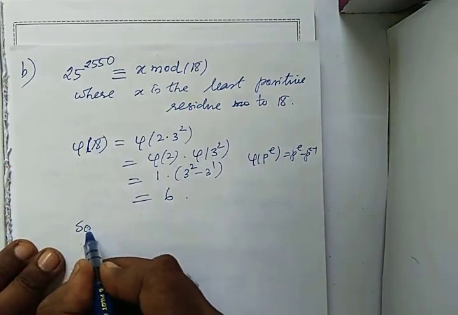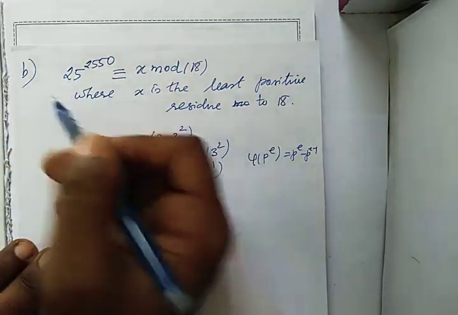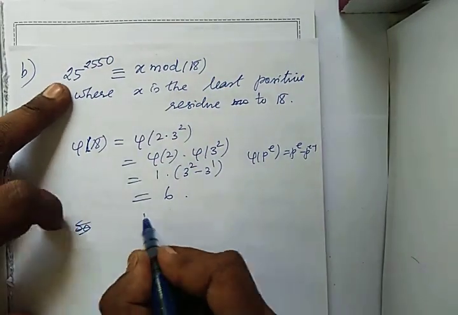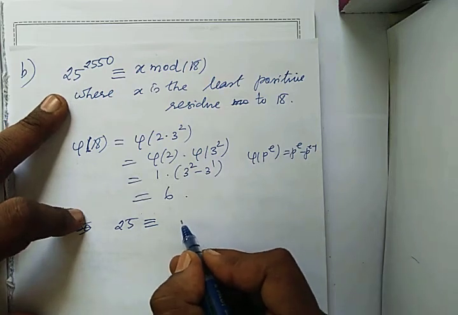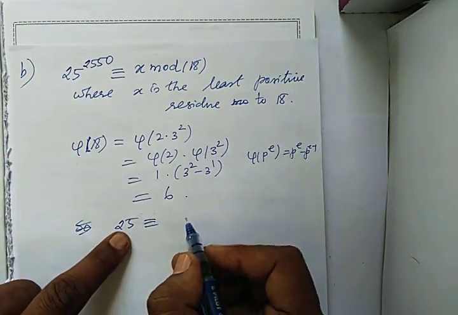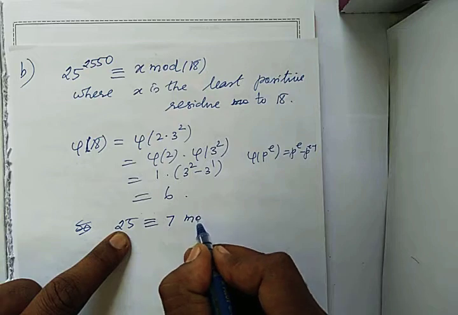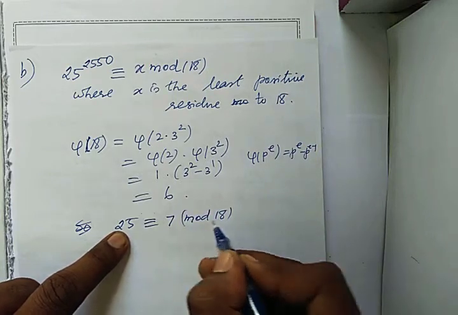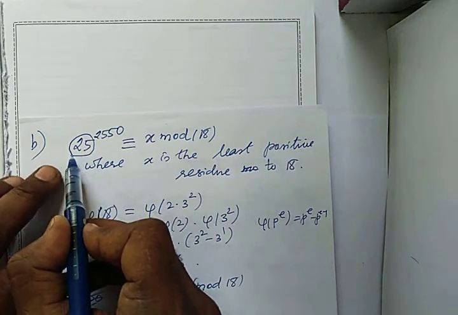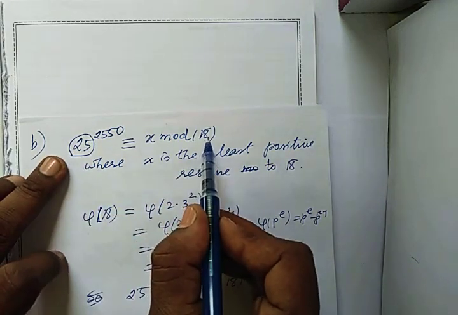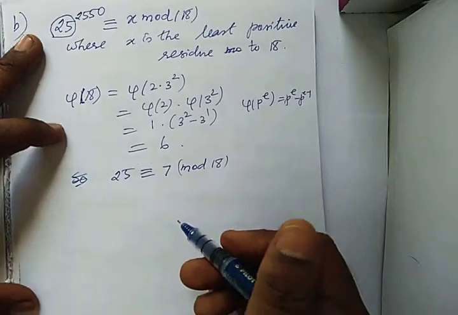So by Euler's theorem, and also 25. Before that, we may write 25 is congruent to, if you remove 18 here, we will get 7 mod 18. Actually, we will always try to reduce this base smaller than this number, so that the calculation will be easy.